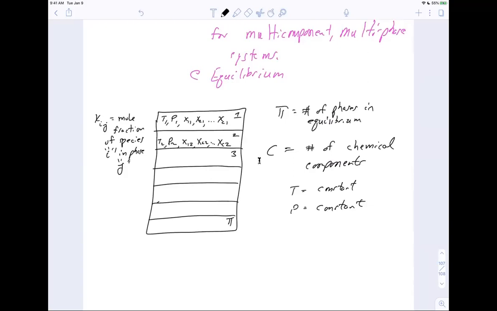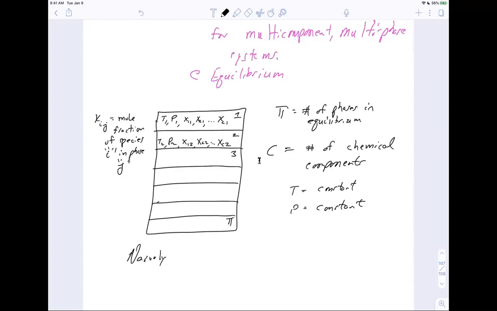Okay, so that was one of the themes that we began with in our course. So in this case, we could carry that naively. So we can begin naively by considering temperature and pressure plus the compositions in the system.